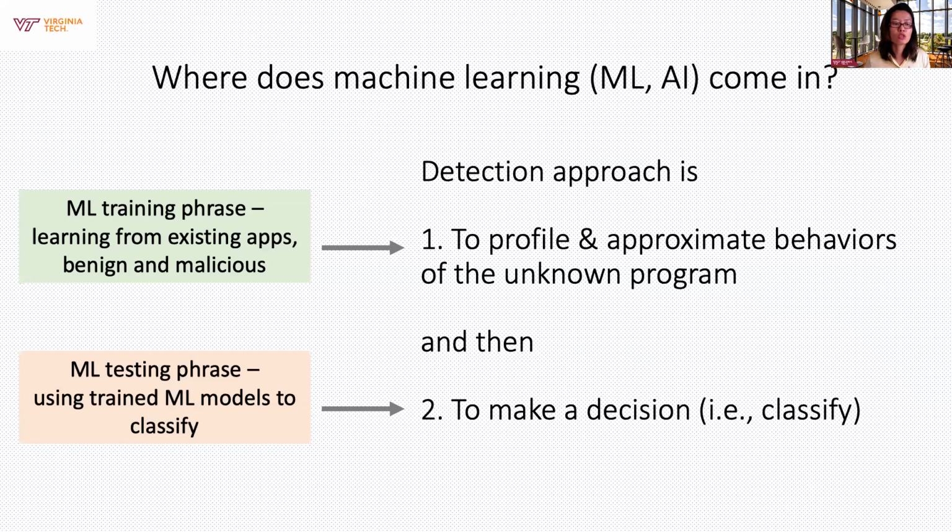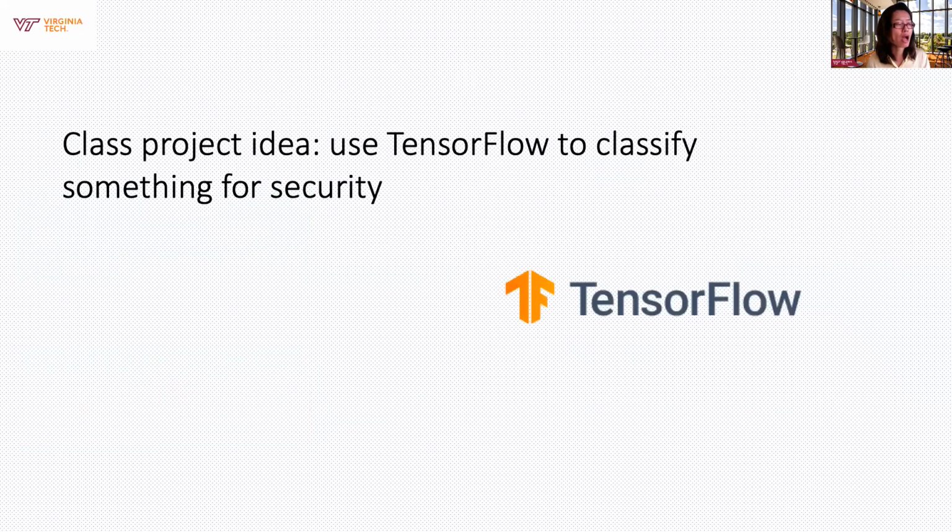And then you use it to train the machine learning model to classify unknown samples. So it's extremely powerful. And so I encourage all of you to think about how to integrate machine learning elements into your class project.